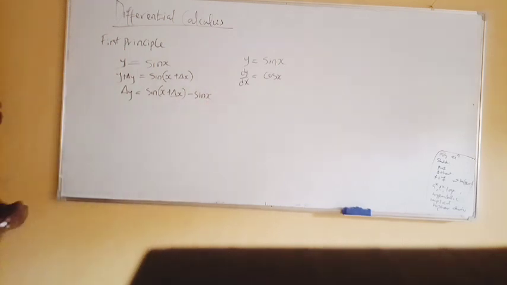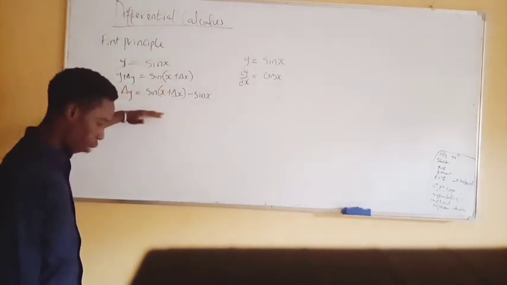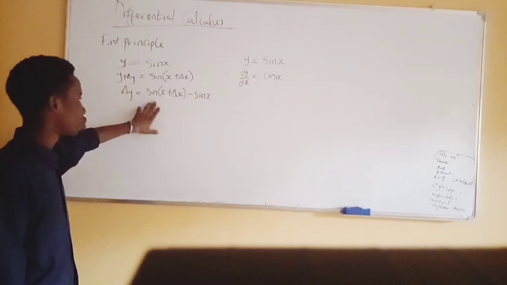At this junction, we have to recall our trigonometric identities.